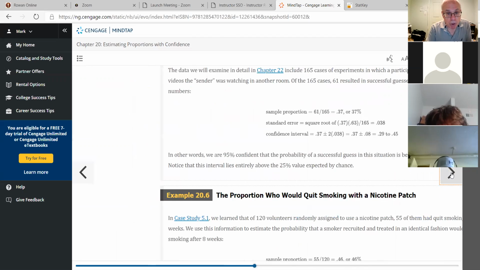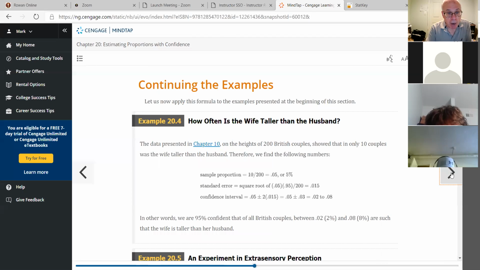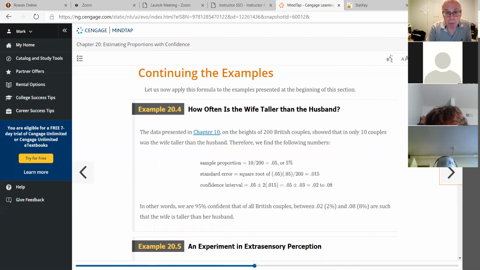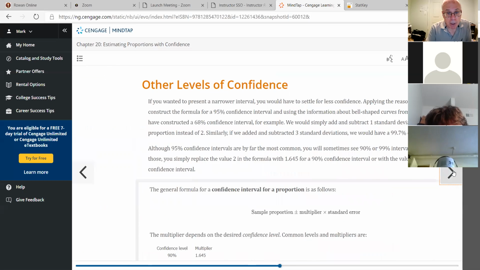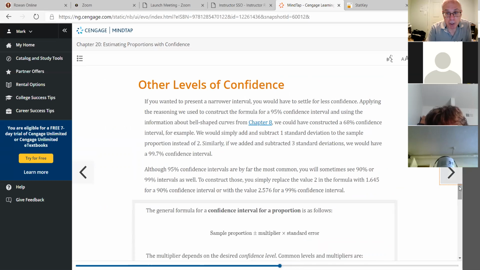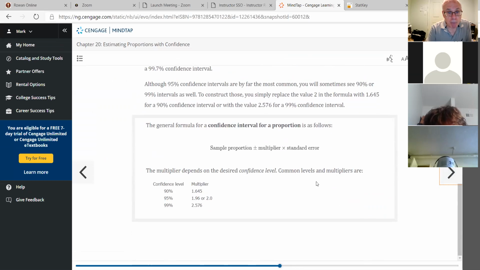Then what the book talks about is that you take that standard error and multiply it by a multiplier. There's some multiplier that's associated with the confidence level. We'll talk about what confidence level is in a second. So the confidence level determines the multiplier, and we multiply it times the standard error.